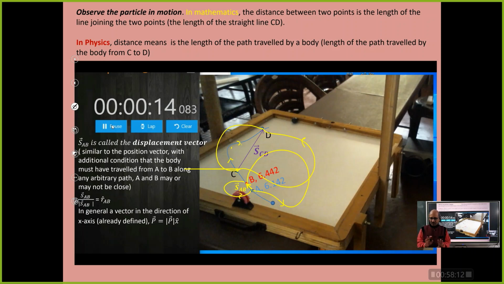Now let me explain this a bit more. I would like to know the position of the body at D with respect to C. That is one of the requirements. Then what should I do?